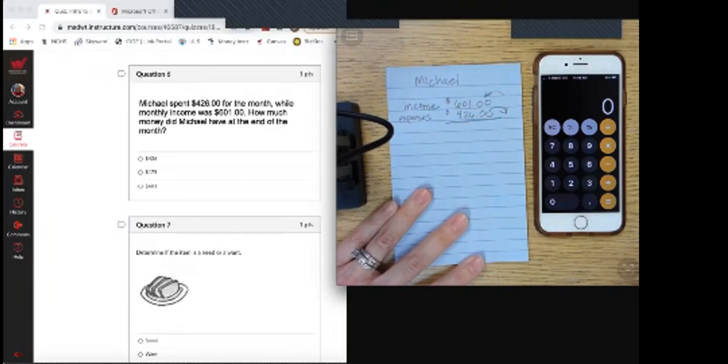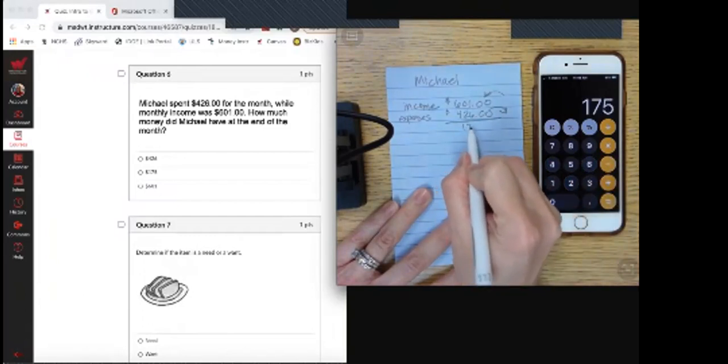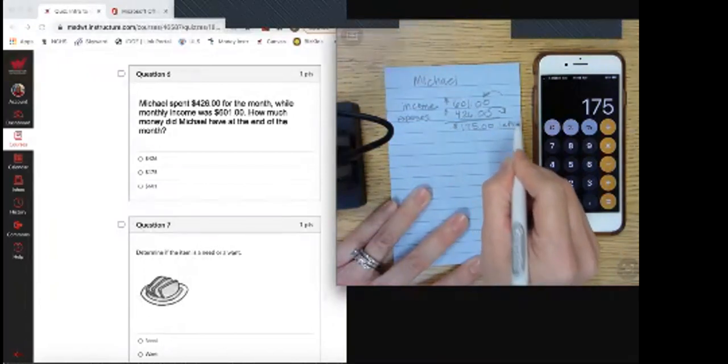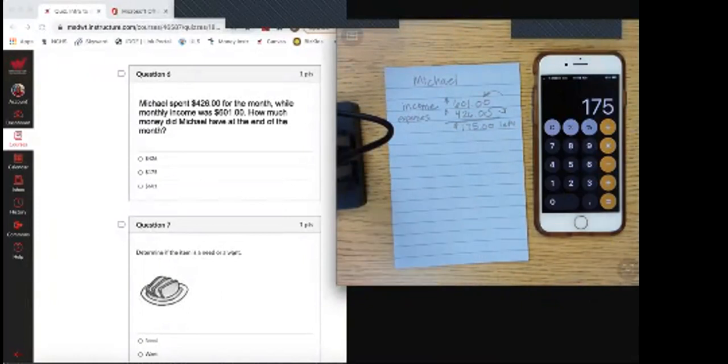So how much did he have left over at the end of the month? 601 minus 426 equals, he had $175 left at the end of the month. But I'm going to tell you, even though you have all this money, that doesn't mean you should spend it all. You should not spend all your money. If you can save, I would save.